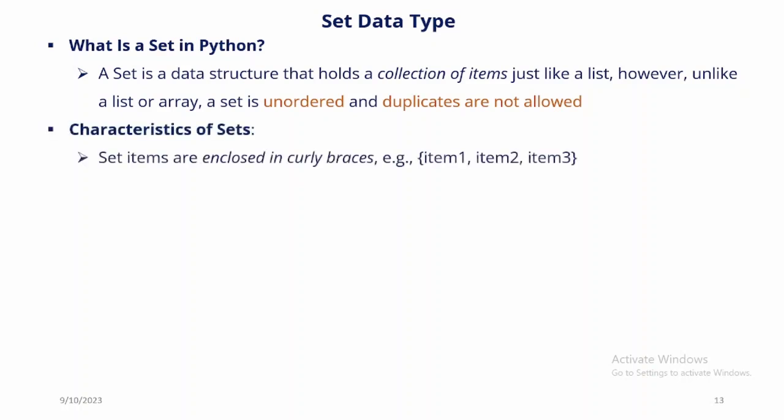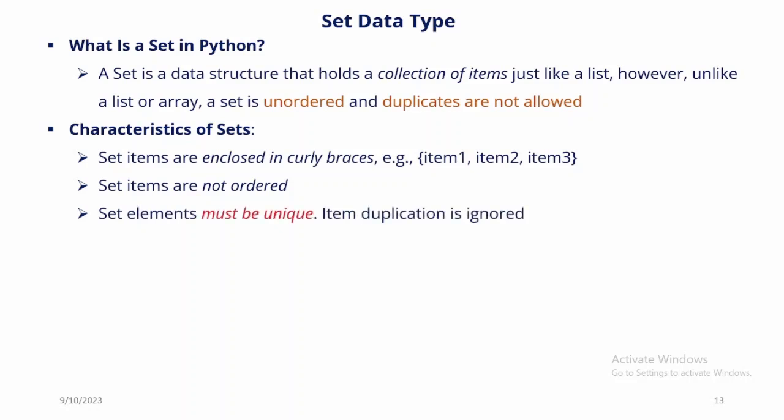So characteristics of sets. Set items are enclosed in curly braces like this. Set items are not ordered, meaning that an item can appear in any position in the set.